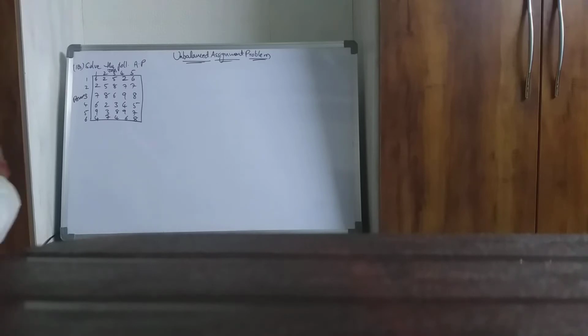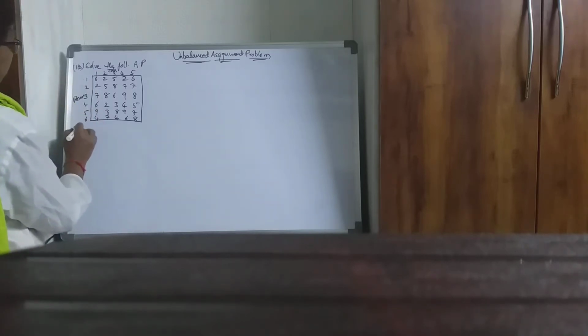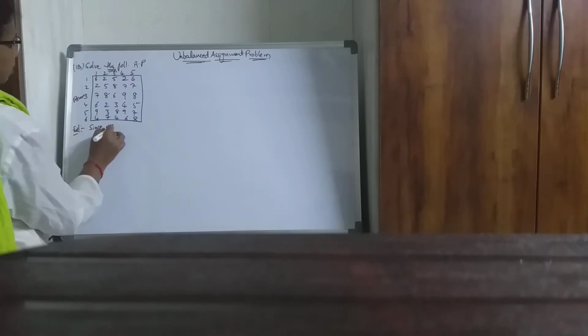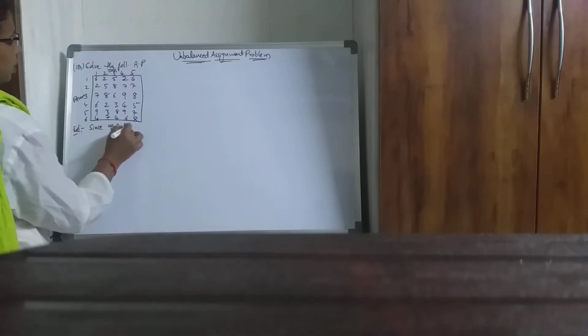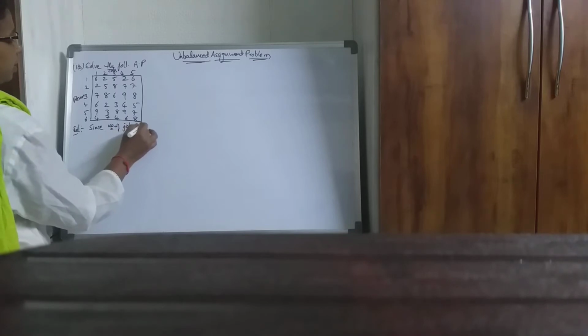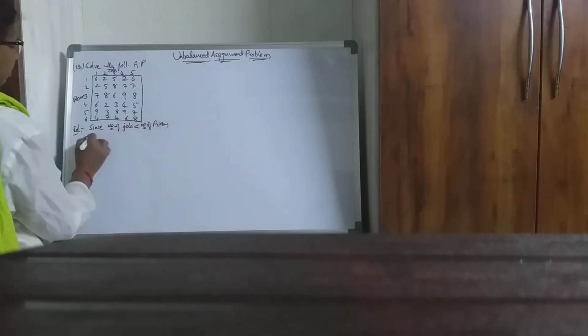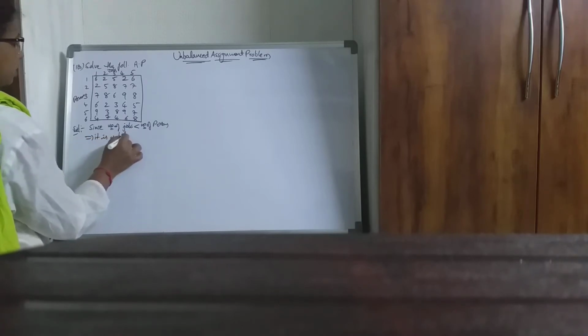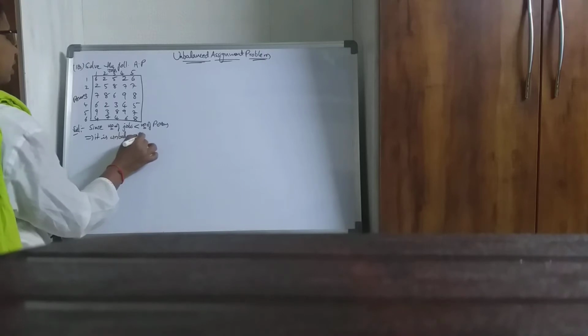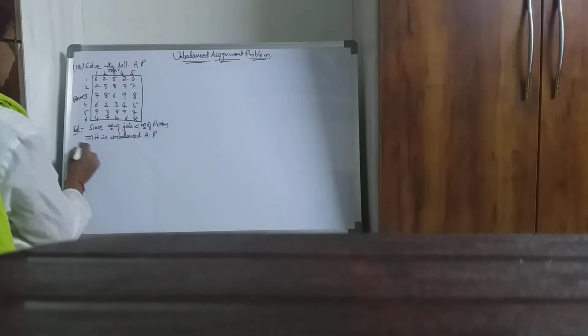Here you will write: since the number of jobs is less than the number of persons, it is an unbalanced assignment problem.